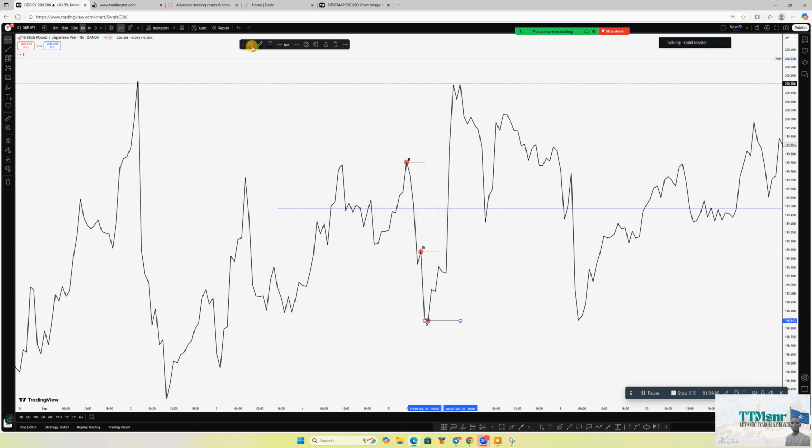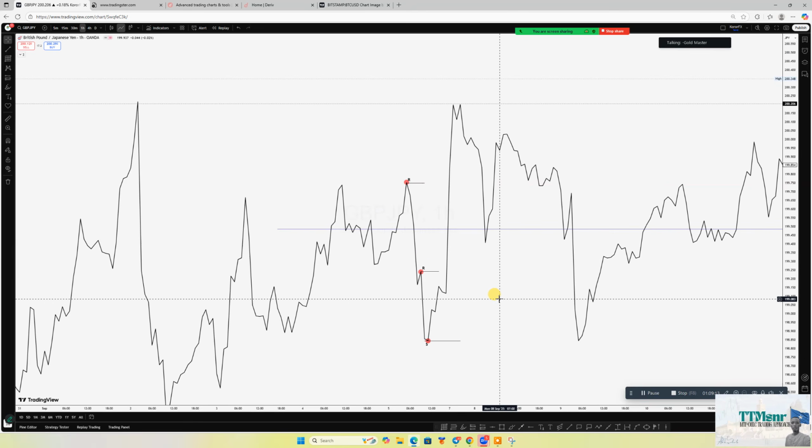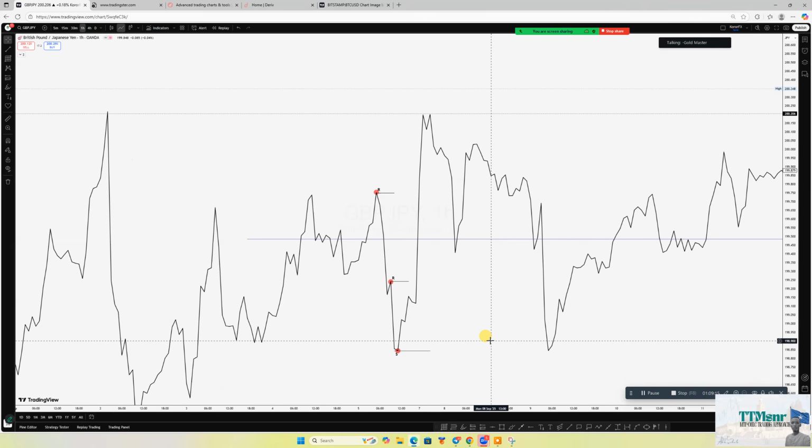There is a trapper at the low, because there are 2 zones coming before the breakout. I don't know if you are understanding it, but there is a zone at the same time frame of the breakout, right?